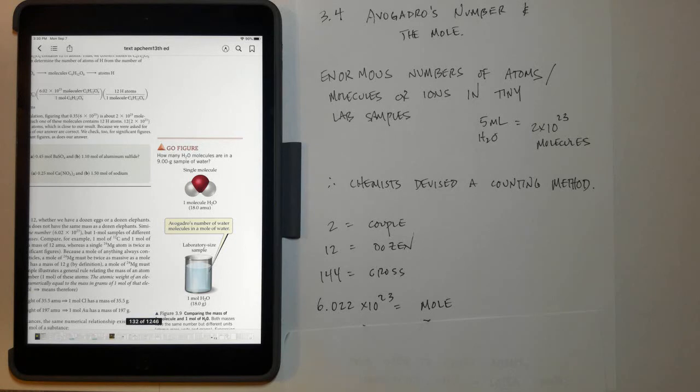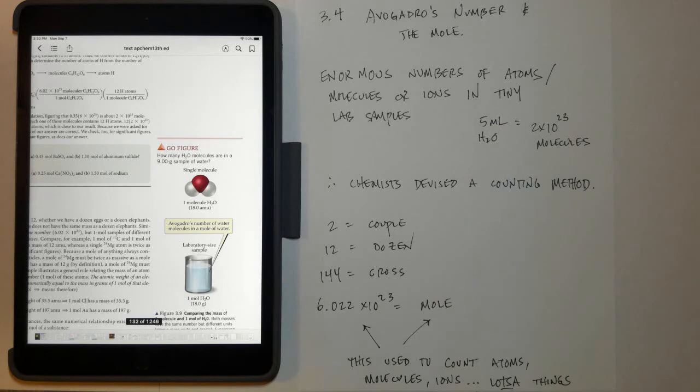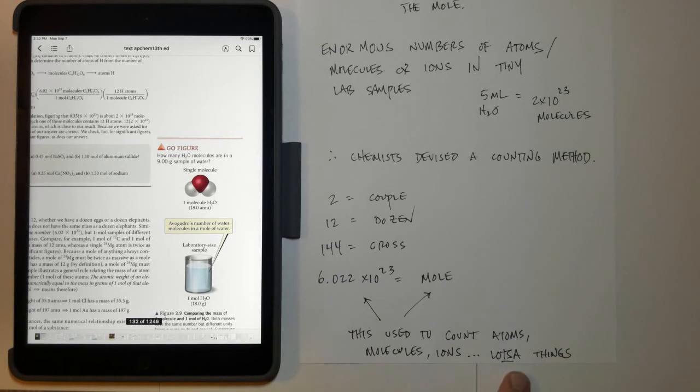We use this number because it's really handy for counting atoms, molecules, or ions, because there are so many of them in just a small sample of whatever we're working with. So this can be used to count atoms, molecules, or ions, or whatever we have of lots and lots of things.